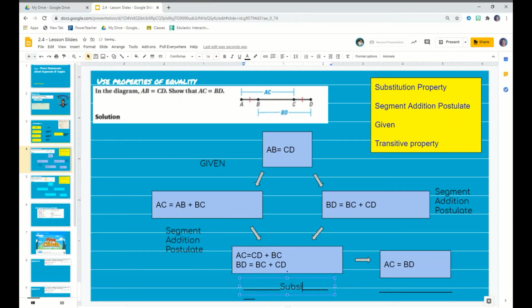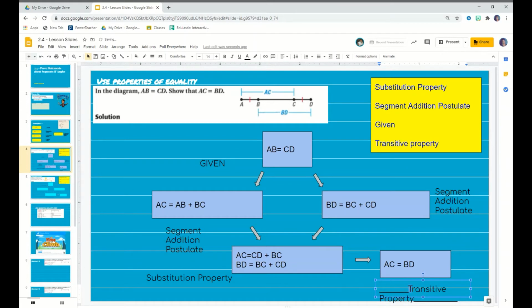So again, I should be thinking about the segment addition postulate. So the segment addition postulate is my second statement. And notice it doesn't really rely on the first statement. The given doesn't really contribute to the segment addition postulate. And that is true for postulates. They're standalone statements that don't need a condition. As long as you have these three points on a line, this postulate will be true. So AB plus BC is equal to AC.